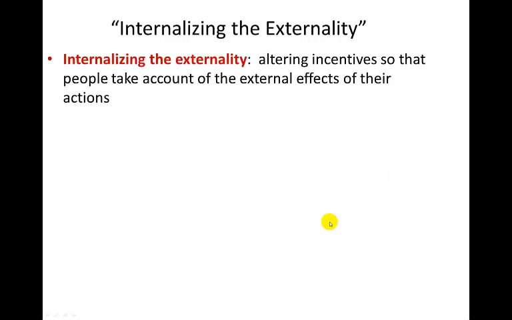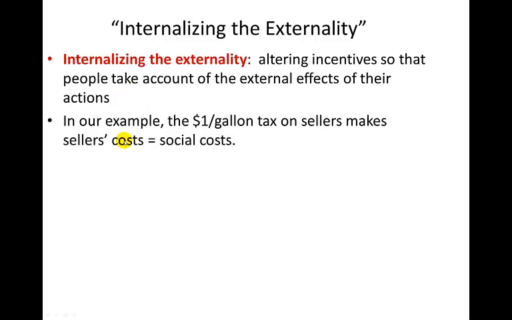So this is an example of the general solution to externalities, which is getting the parties to a transaction to internalize the externality. So really what's going on here is that neither buyers nor sellers have an incentive to take account of the effects of their actions.